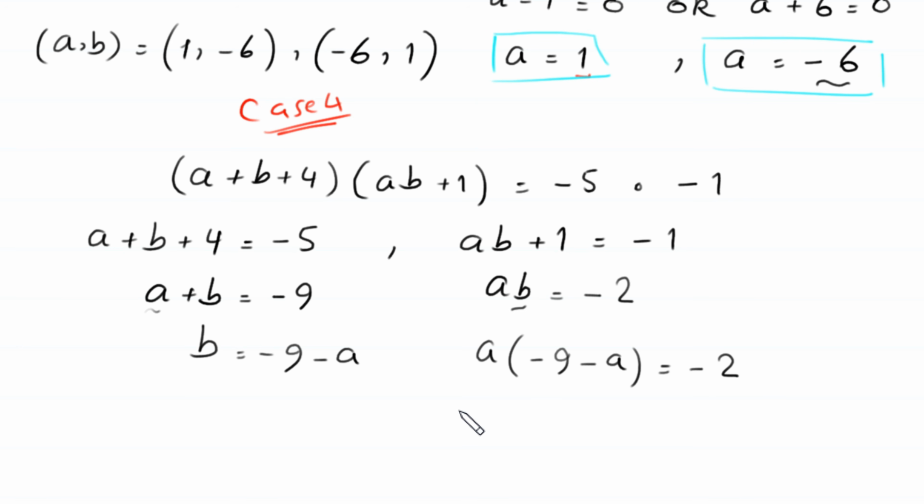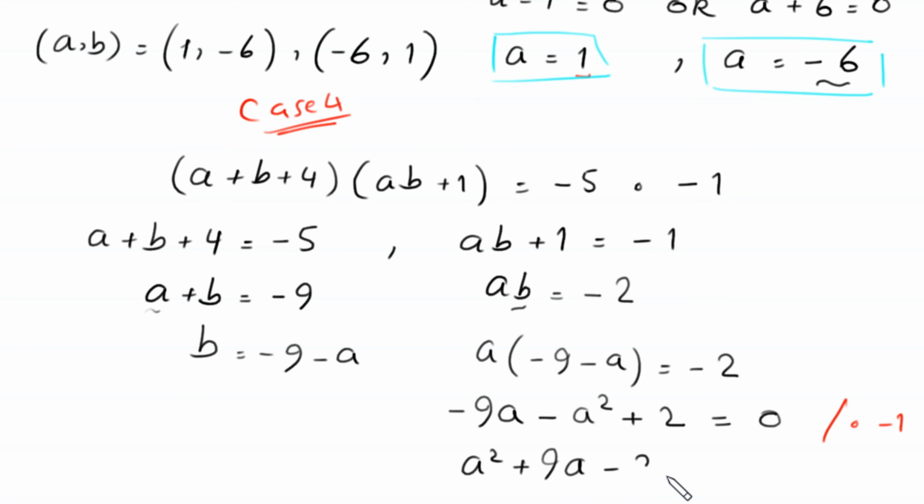A times negative 9 is negative 9a, and a times negative a is negative a squared. Move this negative to the left hand side, this will become plus 2 is equal to 0. And we multiply both sides by negative 1, this will become positive a squared plus 9 times a minus 2 is equal to 0. And this quadratic equation is not factorable, so no integer solutions can be found from this case.